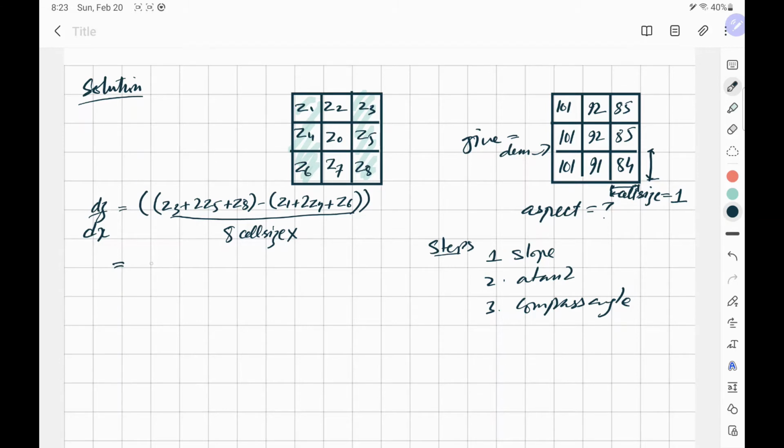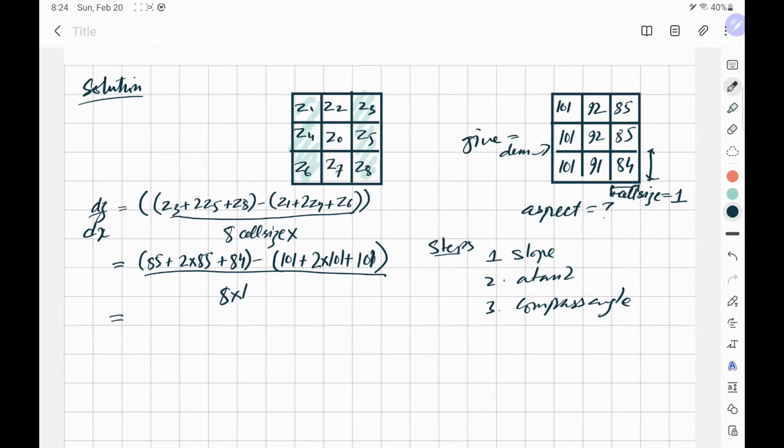So the value will be: Z3 is 85 plus 2 times 85 plus 84 minus (101 plus 2 times 101 plus 101), whole divided by 8 times 1.